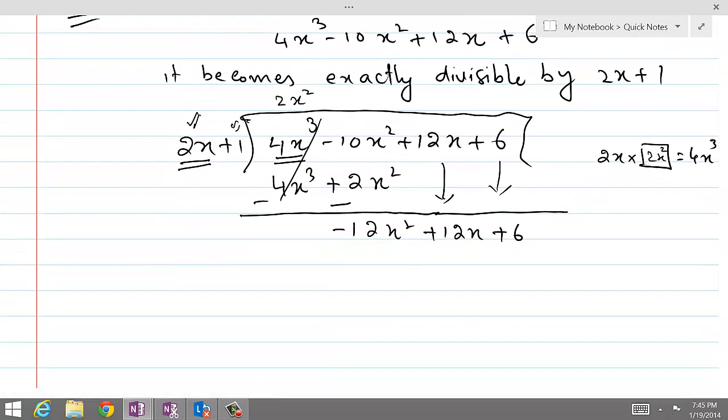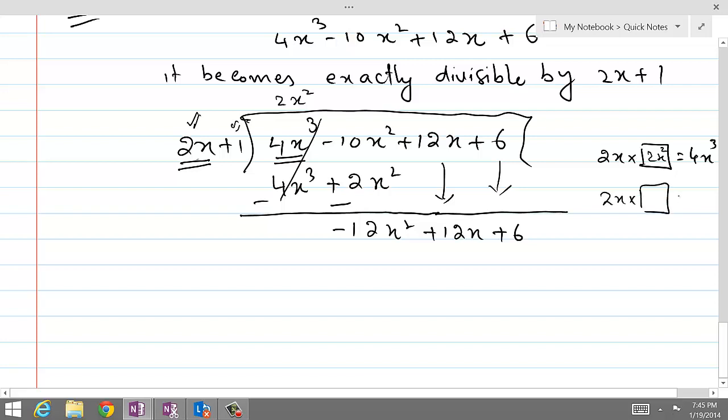And now what should we multiply 2x with to get the answer minus 12x squared? This time we need minus 12x squared. So obviously there is a positive sign outside. Positive times negative will give us answer negative.